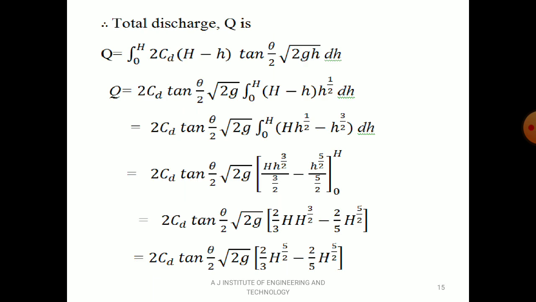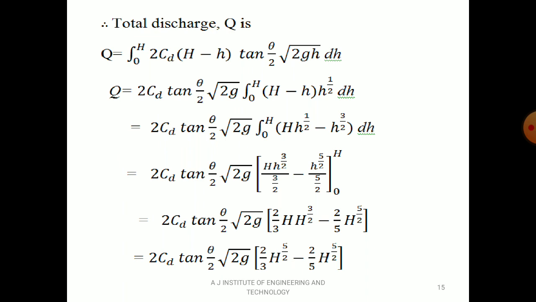So therefore total discharge Q. This is again similar to the rectangular notch, integrate between the limits 0 and capital letter H. So Q equal to integration from 0 to H of 2 Cd (H minus h) tan theta by 2 square root of 2gh into dh. Now 2 Cd tan theta by 2 square root of 2g is constant, we can remove from the integration sign.